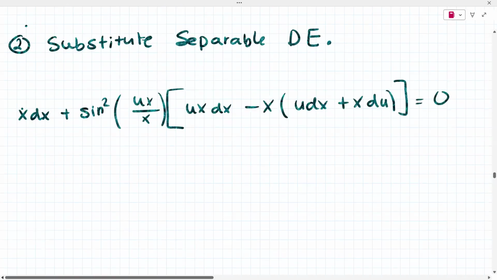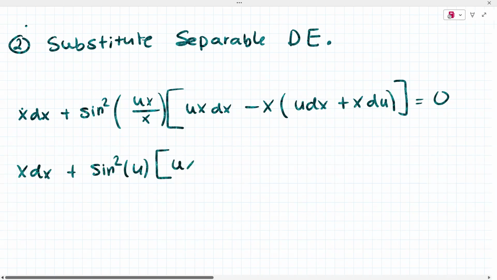So when you simplify that more, you're going to get x dx plus sine square of u, and you have ux dx minus ux dx minus x squared du equals 0.